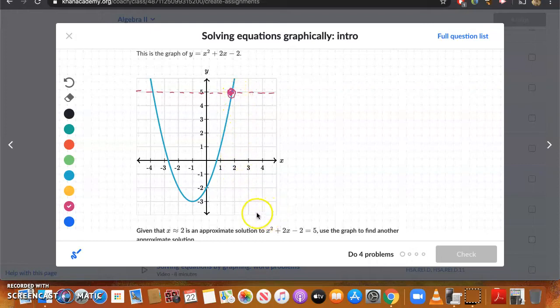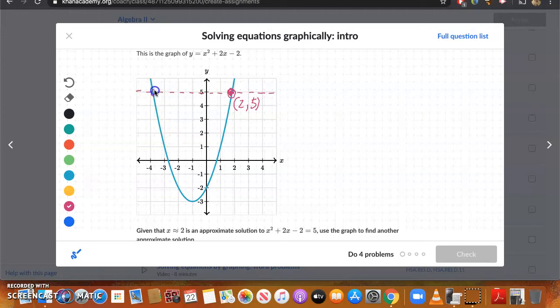So they're asking us to use the graph to find another approximate solution. So this is approximately 2, 5. Approximately, right? So what is the other approximate solution? Then we have to look to see where this function equals 5 again.